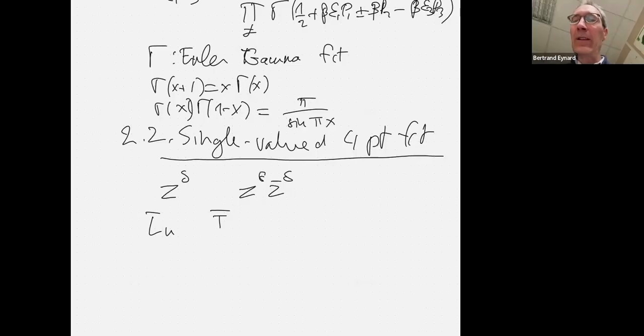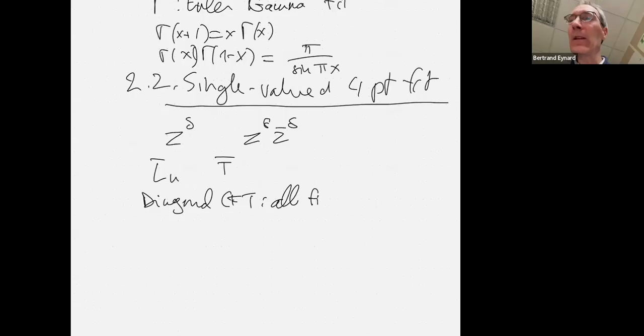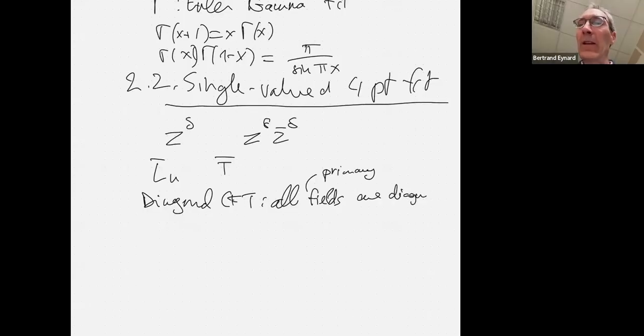So a diagonal CFT is a CFT where all primary fields are diagonal. And diagonal means spinless, so the conformal spin is 0, which means delta equals delta bar. The left-moving and right-moving dimensions are the same.